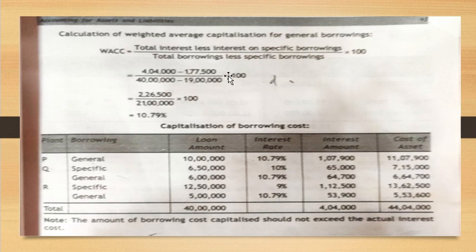So out of the general borrowings, you need to know what percentage can be used for capitalizing, or for adding those expenses to your asset. Using the formula, weighted average capitalization cost is equal to total interest less interest on specific borrowings, divided by total borrowings less specific borrowings, into 100.